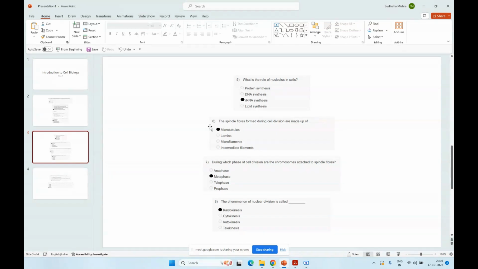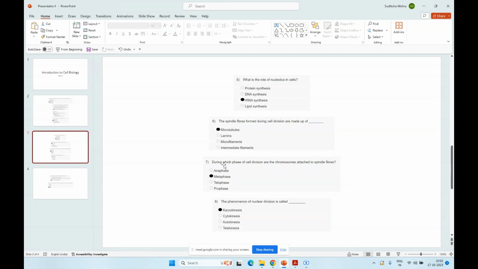The fibers formed during cell division are made up of microtubules, and this is what latches onto the sister chromatids. The actin cytoskeleton, on the other hand, is present in the cortex of the cell.